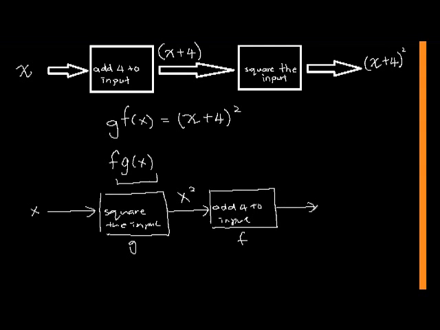So now when we add 4 to the input x squared, the output becomes x squared plus 4. So f(g(x)) is equal to x squared plus 4.